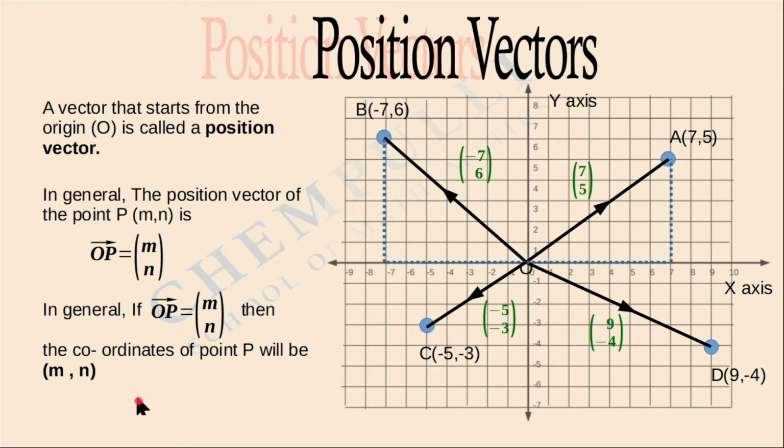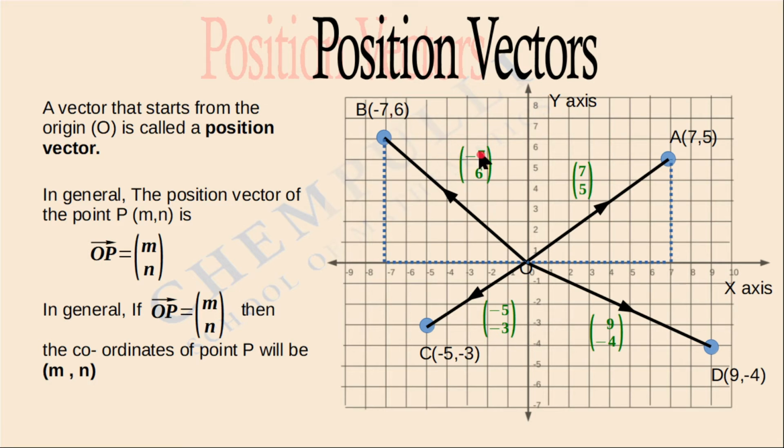Okay. Did you get this idea? If we know the point, then we can find the position vector. Write in this order, column wise, then we will get the position vector. Then if we know the position vector, then we can find the point.